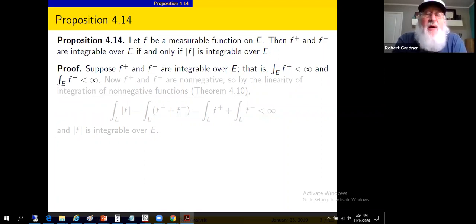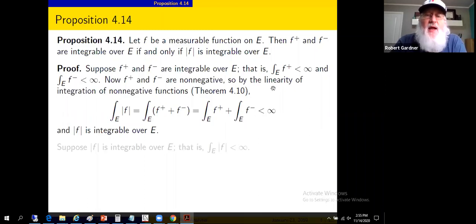And again, positive and negative parts are themselves non-negative functions. The positive and negative parts themselves are class 2 functions, as I've introduced that terminology. So all this stuff with the integrals is previously defined, including the integral of the absolute value. I mean, that's a non-negative function as well.